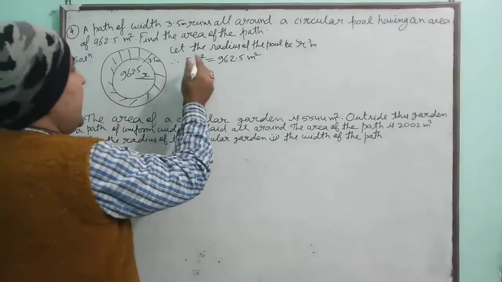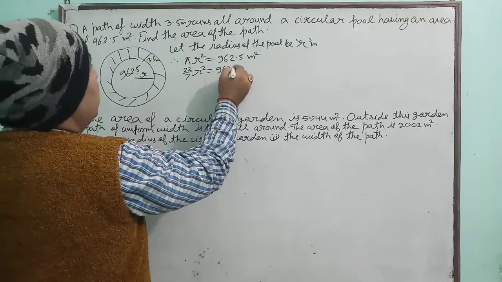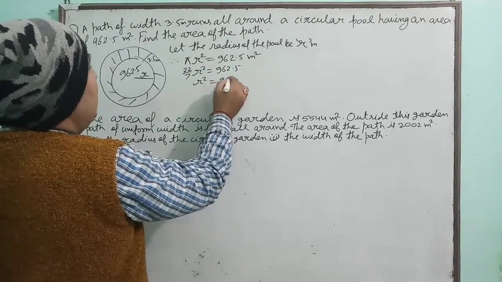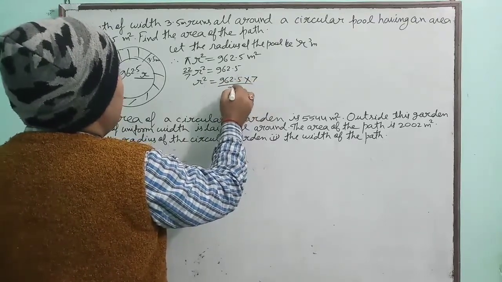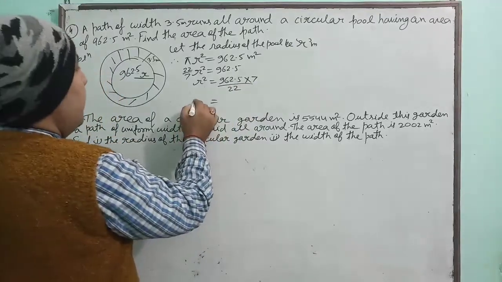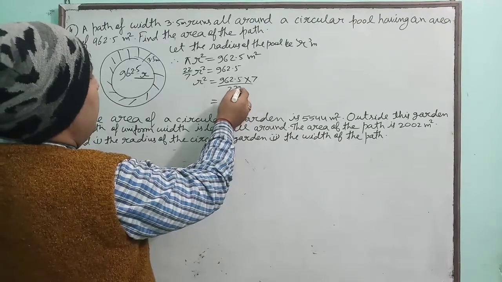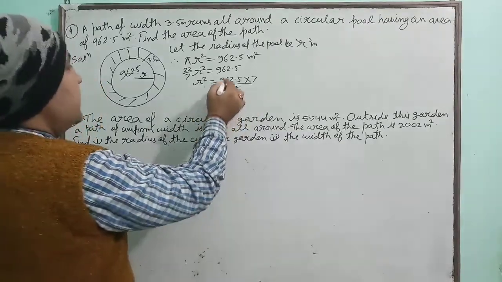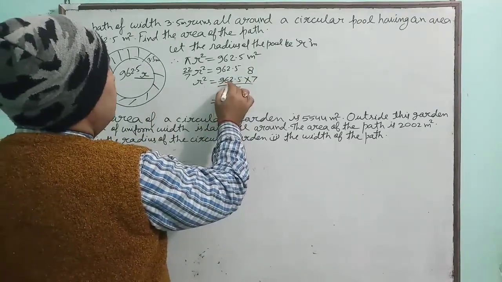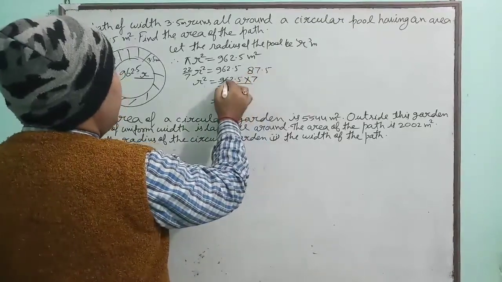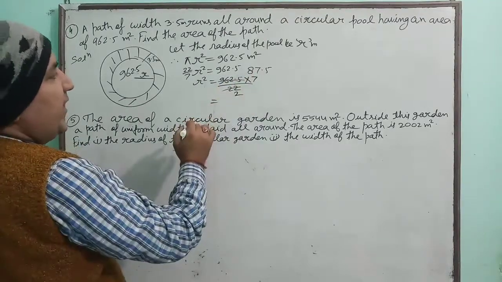Now put the value of pi, 22 by 7. Therefore, r square is equal to 962.5 into 7 upon 22. Now 11 divides 22 two times. 11 into 8 is 88. 11 divides 962.5 by 87.5 times.